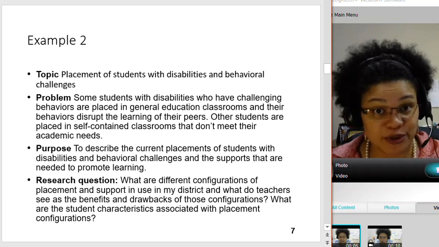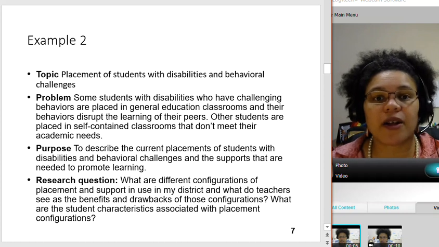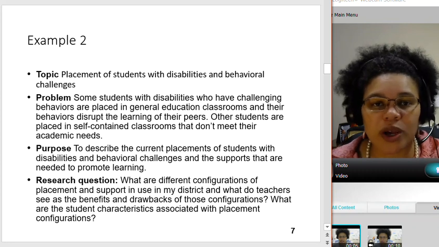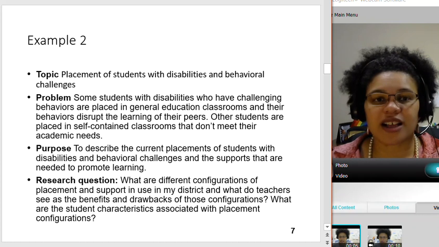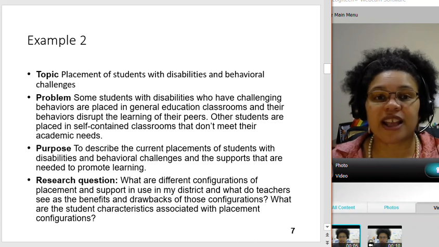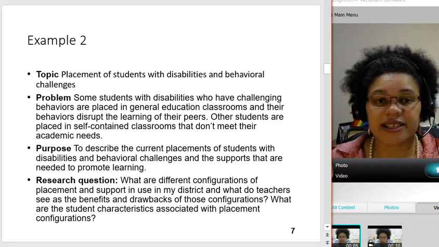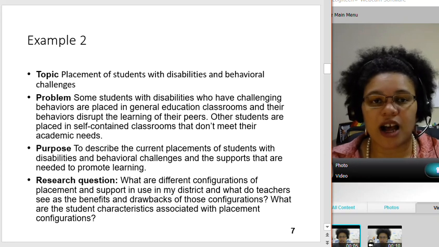So, for example, some of you have pointed out that there may be a racial component to how students with disabilities are placed, right? So, a student with disabilities and behavioral challenges who is Black or African American may be placed in a more restrictive setting, right?